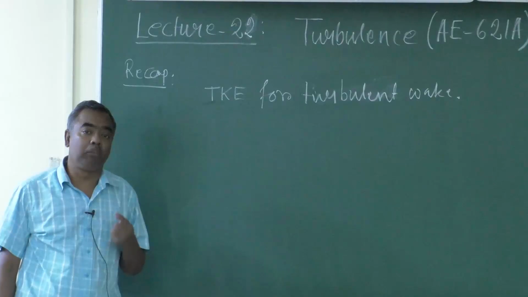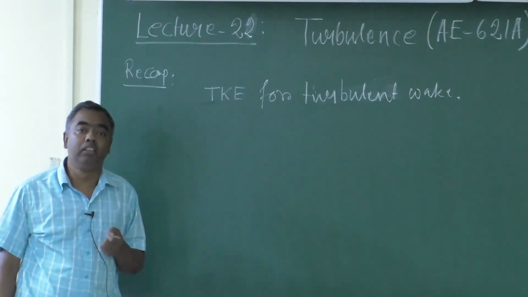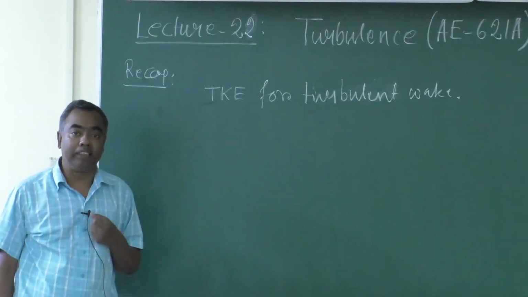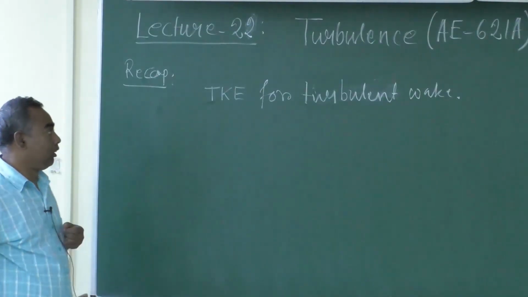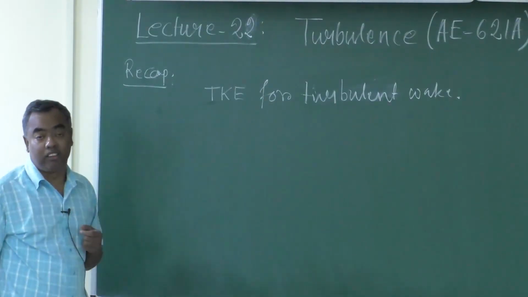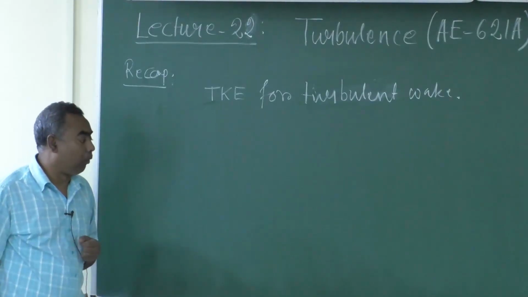I mentioned that for further discussion of the same thing you need to go to Tennekes and Lumley and understand the better details of this kinetic energy budget of this turbulent wake flow.